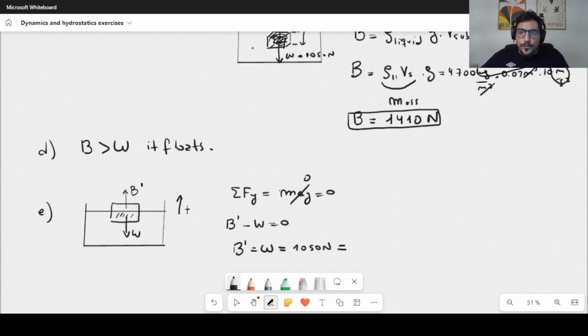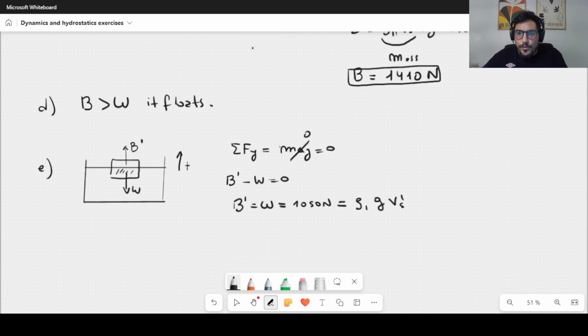Now the buoyant force is equal to density of the liquid, gravity, and volume submerged. And this is the real volume submerged, because if we submerge the whole object and leave it there, it accelerates upwards and floats at the end.